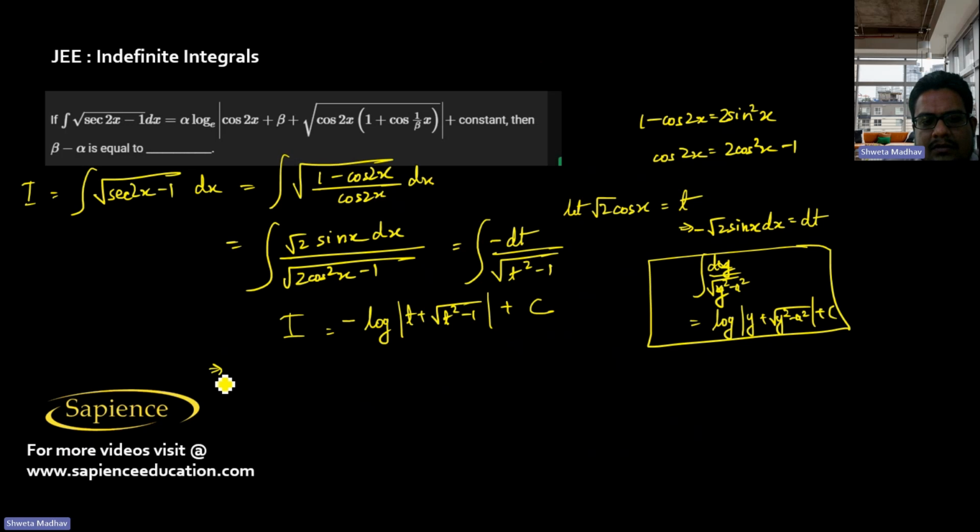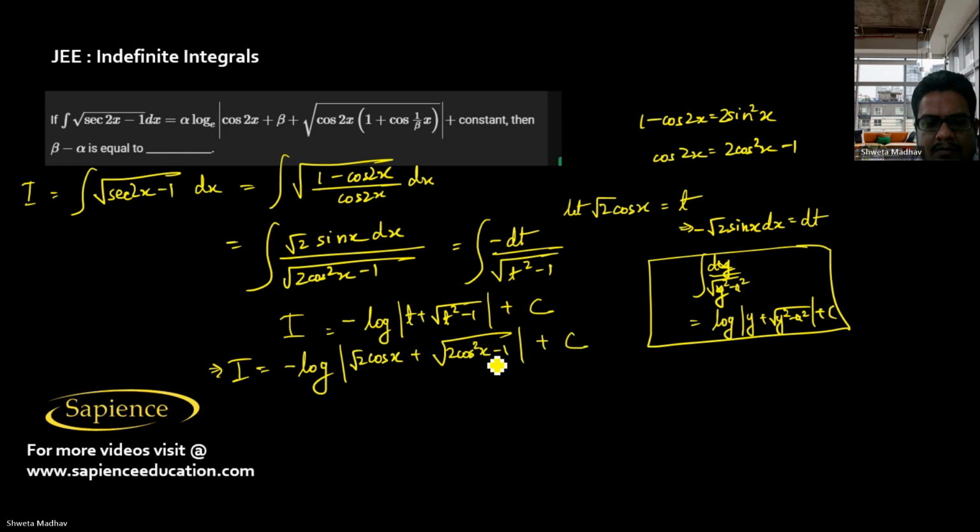This is the integral I. So therefore integral I we can also write as minus log of t, where t is mod of root 2 cos x plus root over 2 cos square x minus 1 plus c, where c is a constant.